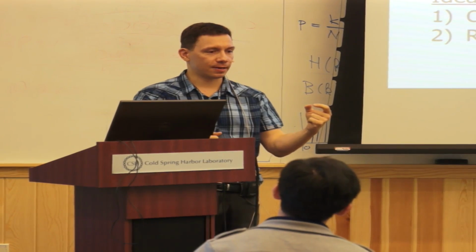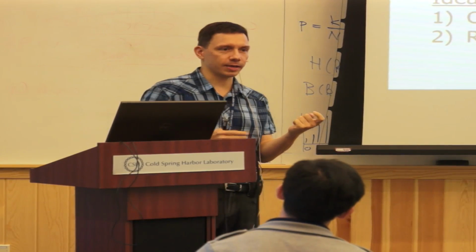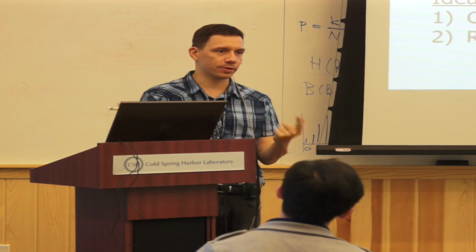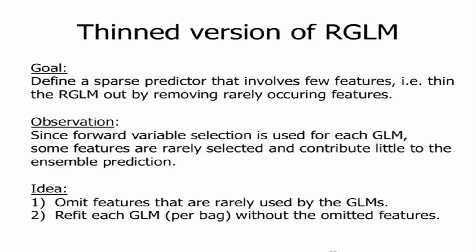And so you could say, well, do I really need to go through the hassle of measuring that gene? Why can't I just take the remaining 299 genes? And so that's the idea: omit the features that are rarely used by these GLMs and refit each GLM per bag without the omitted features.